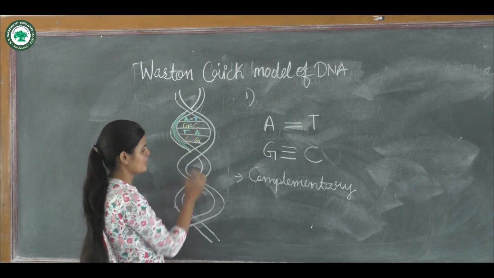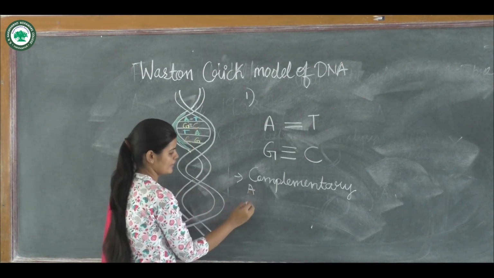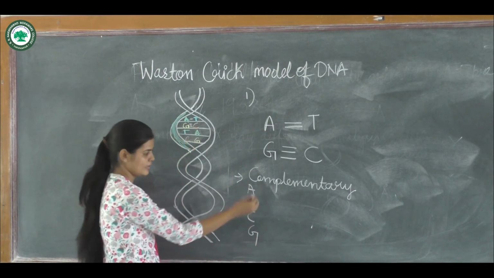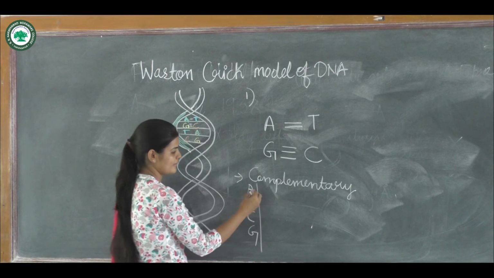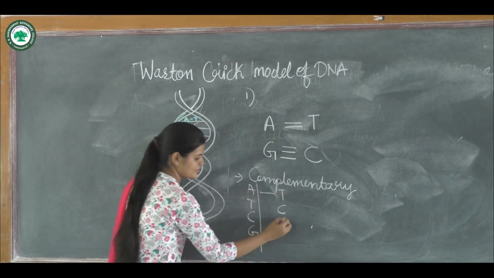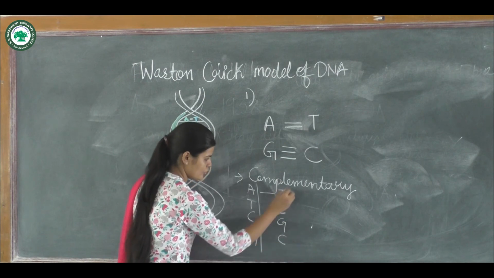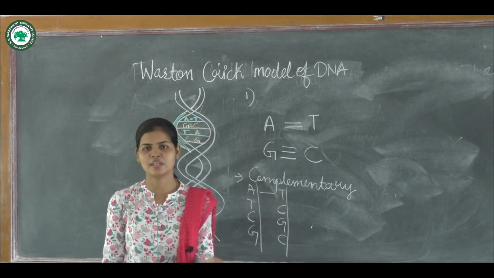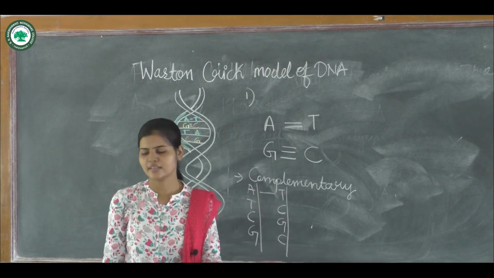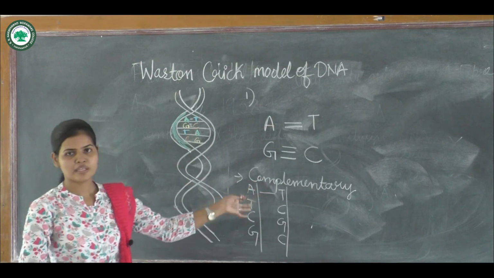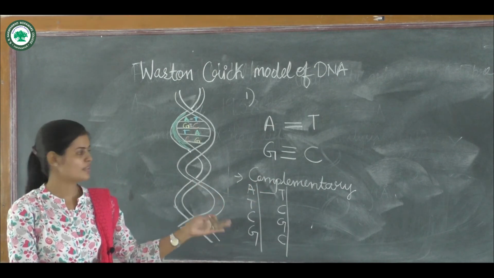Likewise, suppose here is A, T, C, G in one strand, then the next strand will be the complementary sequence. If we know one strand, we can find out the other strand because of this complementary nature.